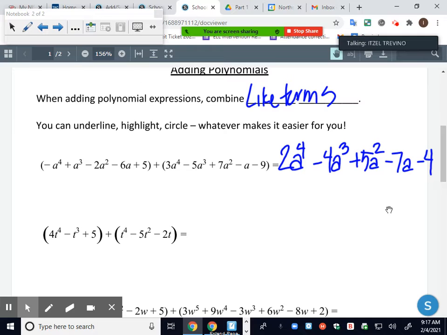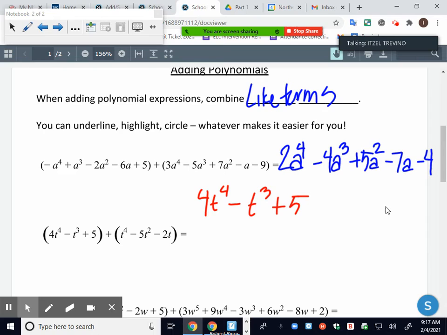Okay? You can add like that. Or if you prefer to add and line them up, you can do that as well. I'm going to do that with the one on the bottom. So we have 4t to the 4th power minus t cubed plus 5.